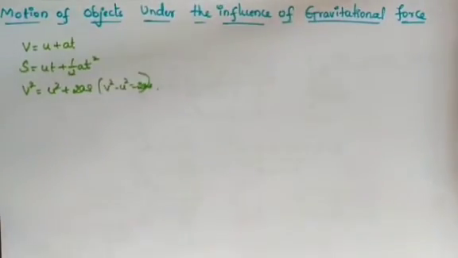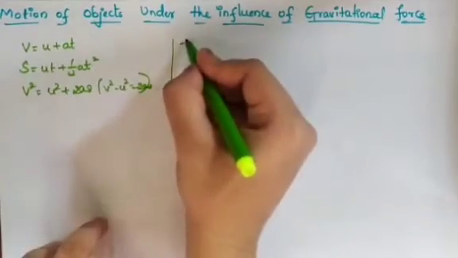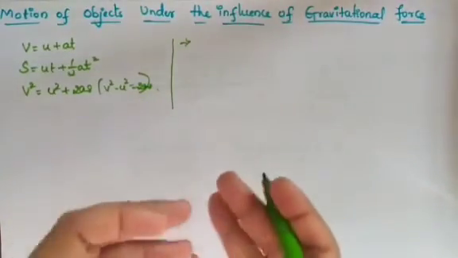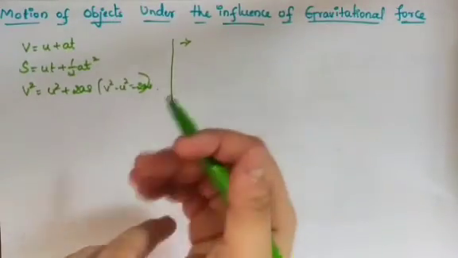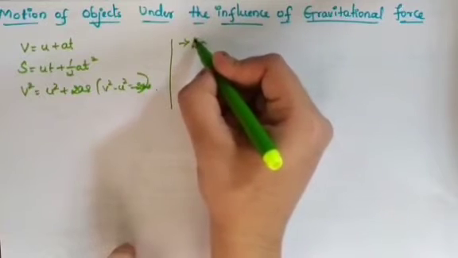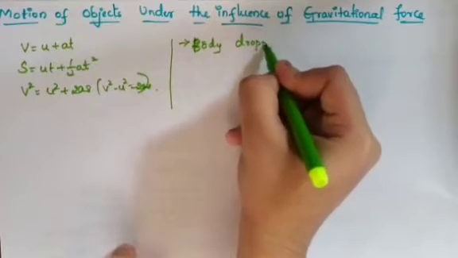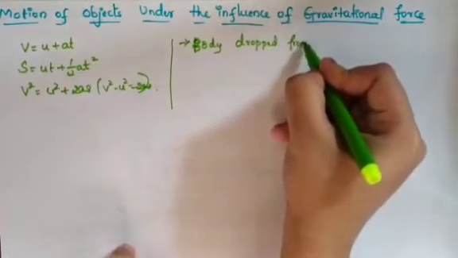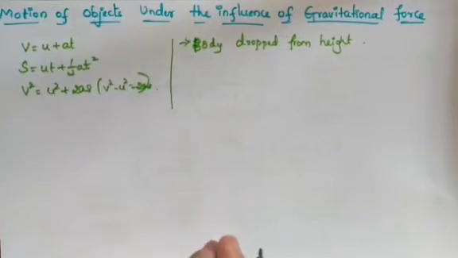Here we are considering these three equations with three objects. For the first object, for example an apple or anything falling from a tree, that is a body dropped from a certain height. That is the first example to check the equations of motion.